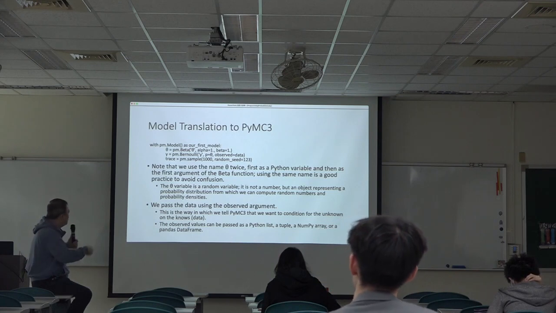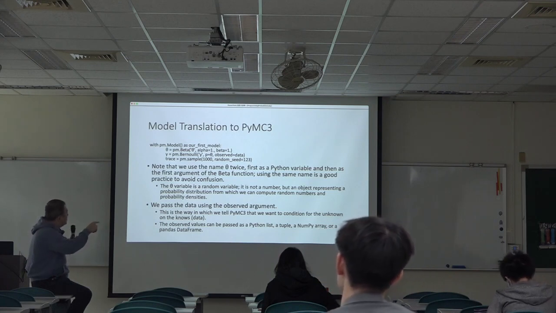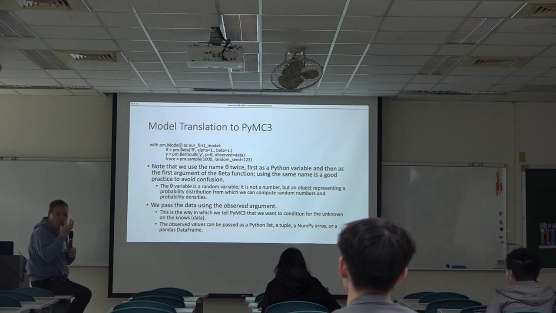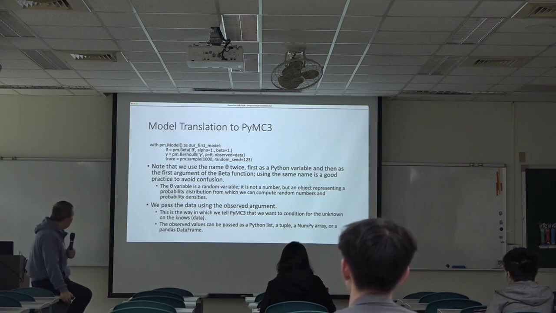And y is the data, observed equal to data. Remember, we generated those 4 trials. We feed that into this Bernoulli. Bernoulli is our likelihood, right? And this is our y.